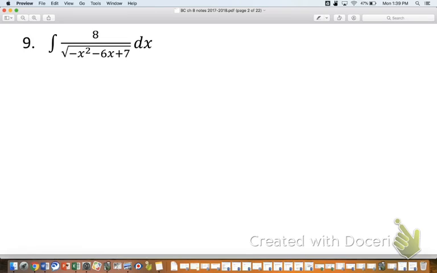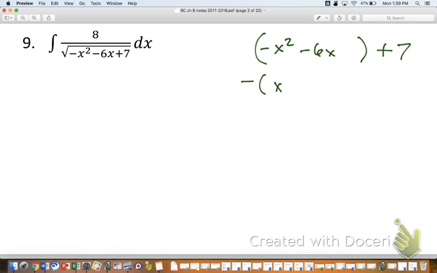Oh, but wait, that does not look anything like a squared minus u squared, does it? What do I have to do? Yep, complete the square. One last chance here in class to do that. I'm going to write this as negative x squared minus 6x grouped plus 7. What is the one little minor detail step that I have to do before I start completing the square? Take out the negative. Get the negative factored out. Yep.